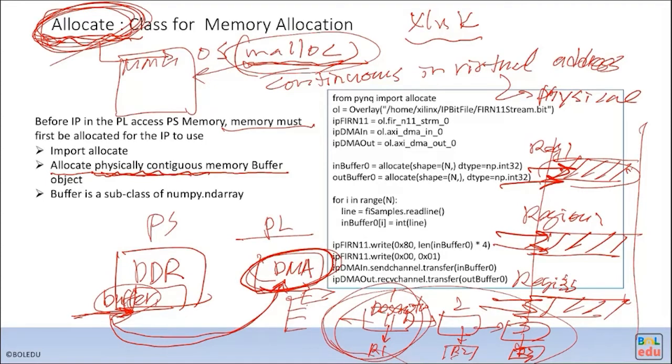So for the efficiency of data movement, we really like to have physically contiguous memory. Otherwise, you use a DMA that can take multiple descriptors. But this multiple-descriptor DMA is not the one used in the PYNQ anyway. Remember the driver and the IP have to bind together.